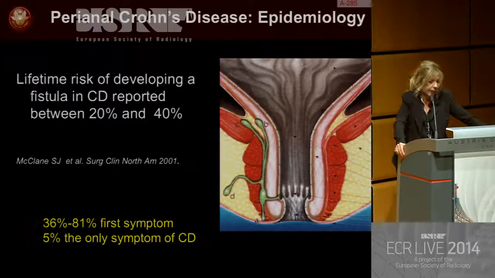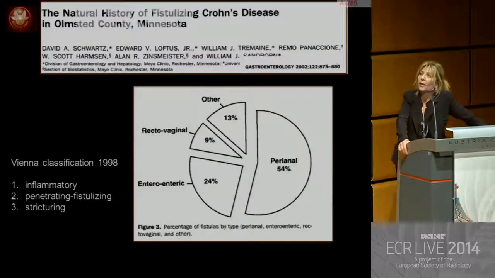And very interestingly, in many cases, fistulas are the first symptom of Crohn's disease. They may appear several years before the onset of intestinal symptoms, and in very few cases, they may be the only symptom, the only finding of Crohn's disease. Interestingly, they should be considered, as a matter of fact, as a part of the so-called fistulizing course of Crohn's disease.